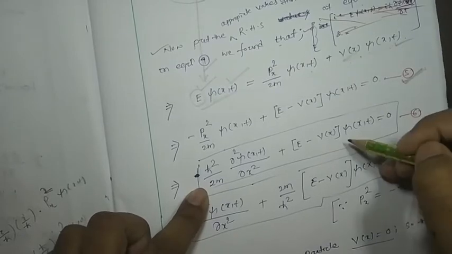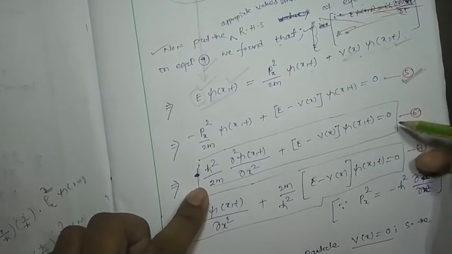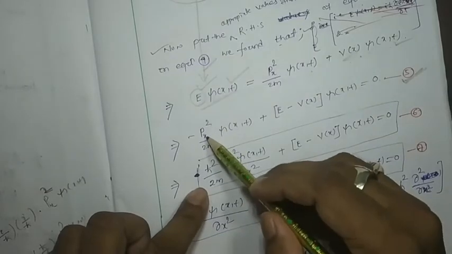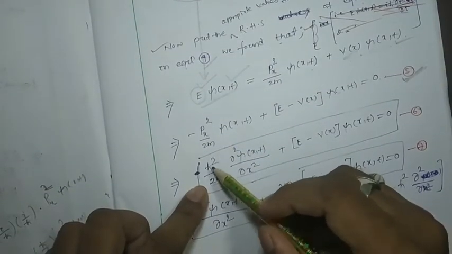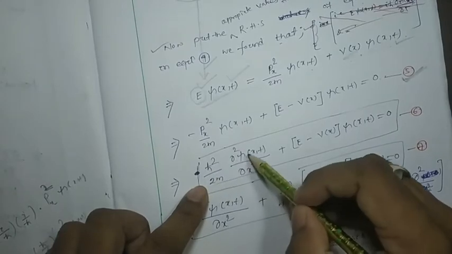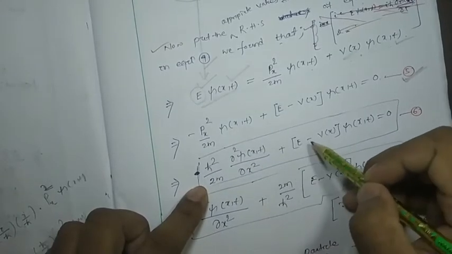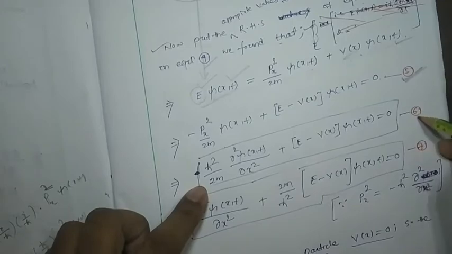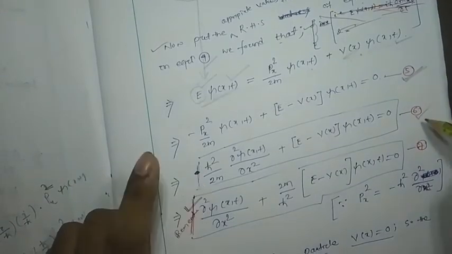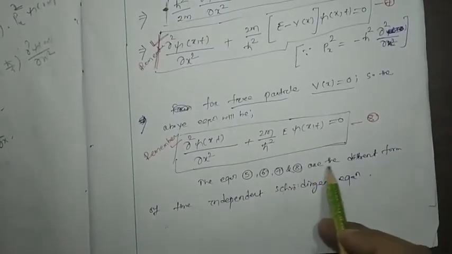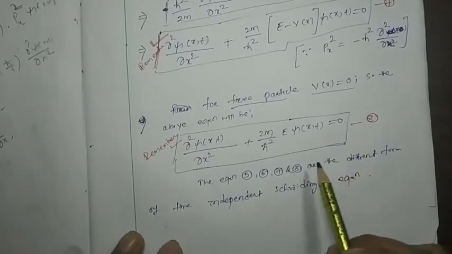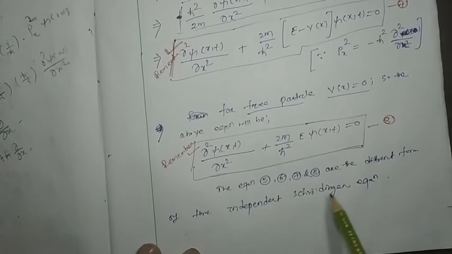And if we reform this equation 5 to 6, putting the px square value again, we find that h cross square by 2m del square psi xt by del x square plus e minus vx psi xt equal to 0. This is the 6th equation. I have written at the end the different form of the time independent Schrodinger equation.